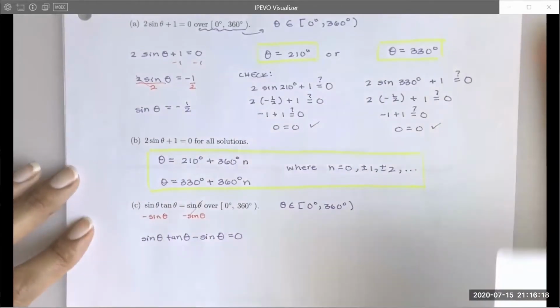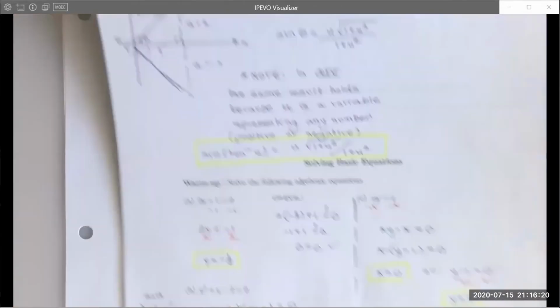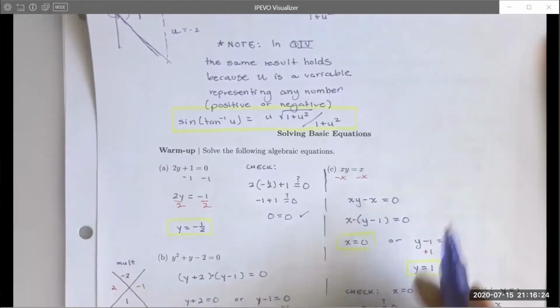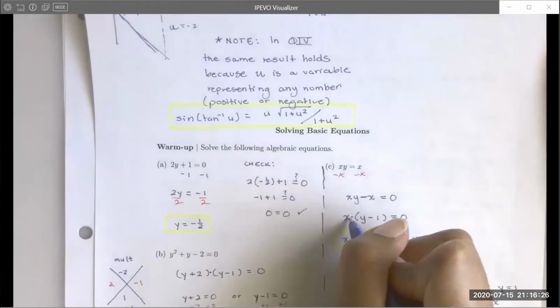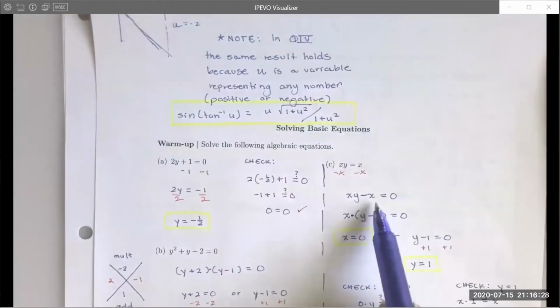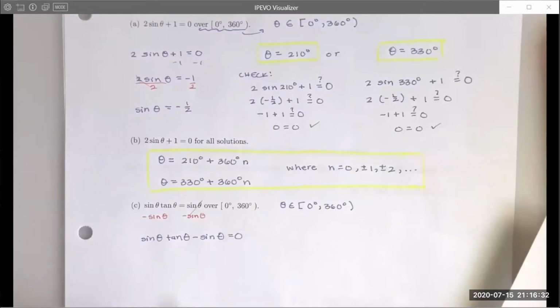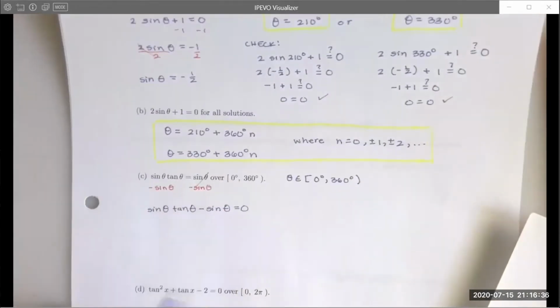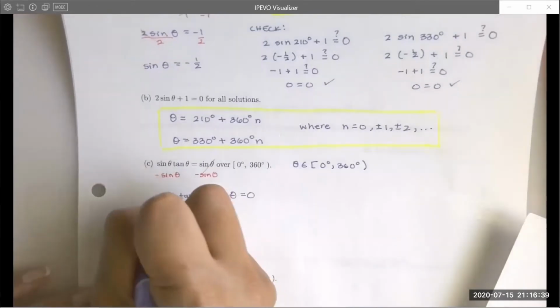Okay, and then what did we do after that? Well, after that we said, well, x is present in both terms, so let's factor it out. And this is multiplication. So that's what I'm going to do here. I see that sine times tangent minus sine theta, these two terms share in common a sine. So I'm going to factor it out.